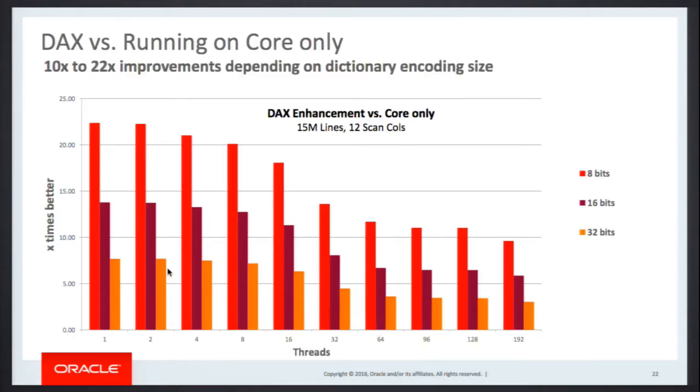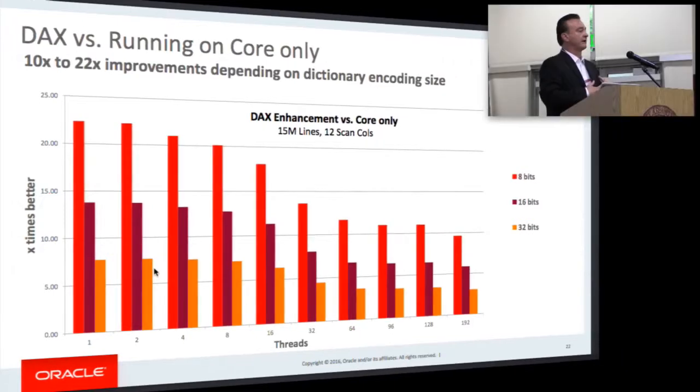As an example, if you look at the very low-level performance, if we just compare running the low-level scans, the low-level filters, DAX versus running the cores, we took an example here of 15 million lines, and we had 12 different columns of different types of data, 8, 16, and 32 bits, and you can see the performance advantage between running with the accelerator offload versus running with the cores.